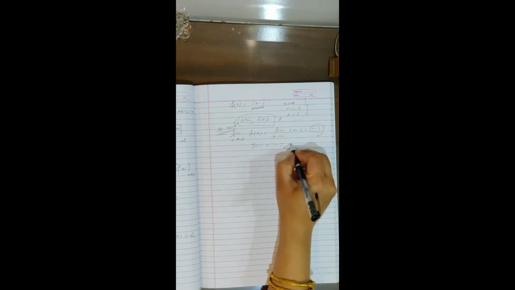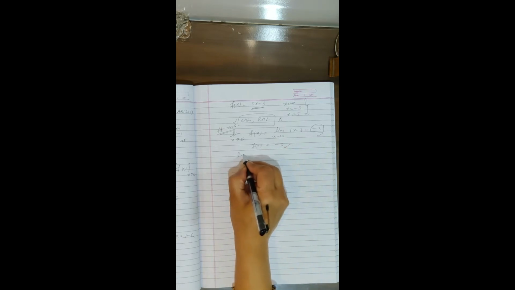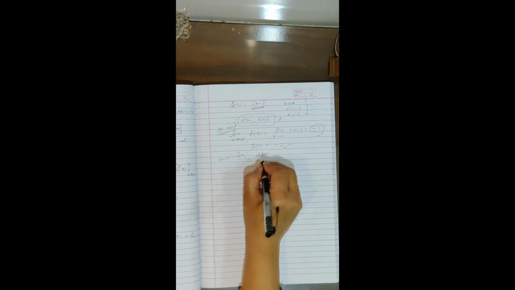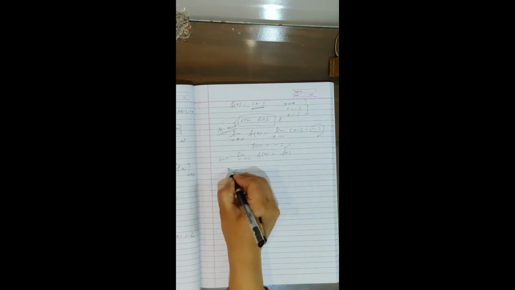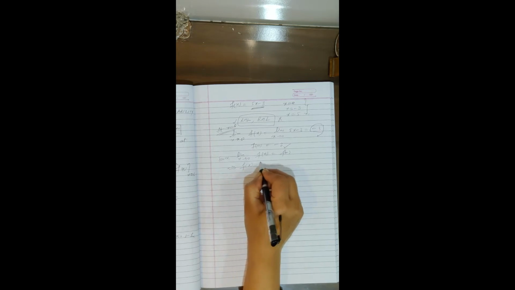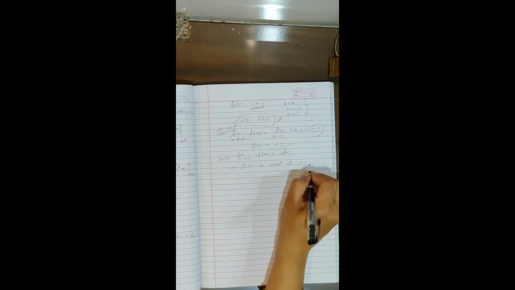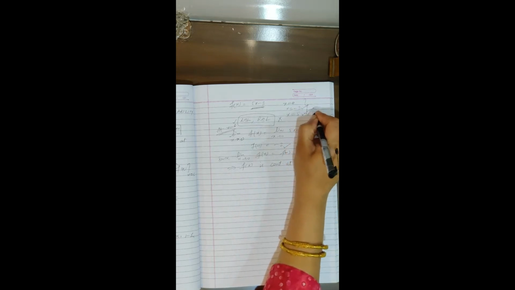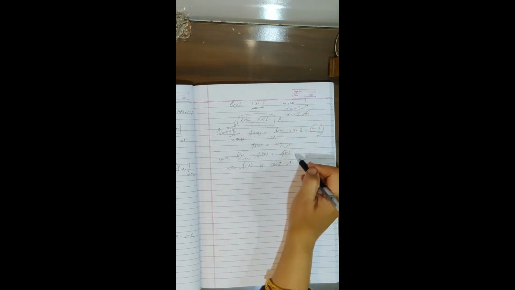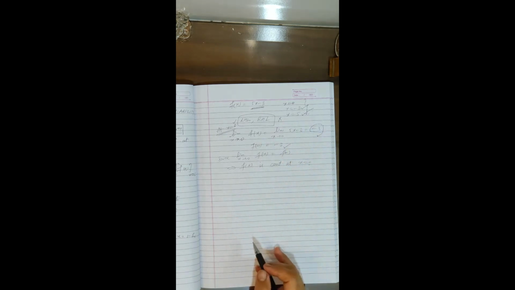Hence these two are equal, so you will say since limit x approaching 0 of f(x) is equal to f(0), f(x) is continuous at x equal to 0. Similarly, you can check for minus 3 and 5. The function will remain continuous at these 2 points also.